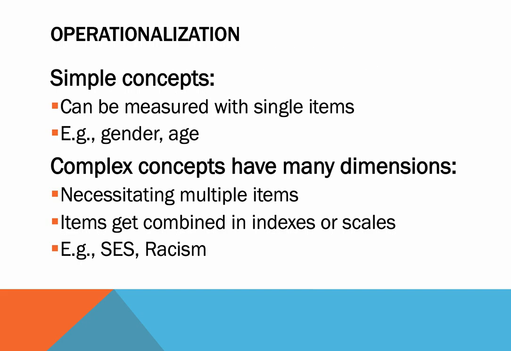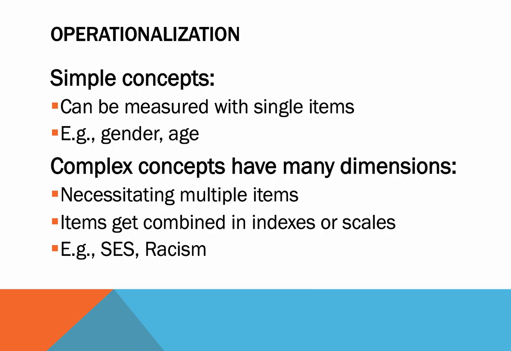So operationalization, which is basically how you measure your concept, can be simple. It could be someone's gender, someone's age. Those really aren't that challenging to measure. But what we tend to focus on in science is more complex concepts.